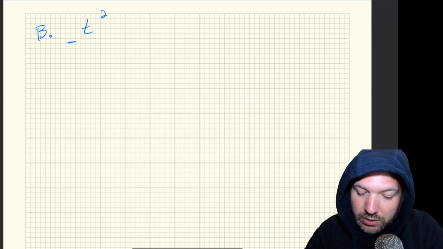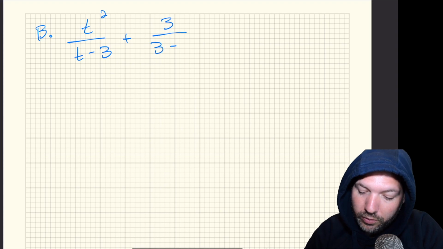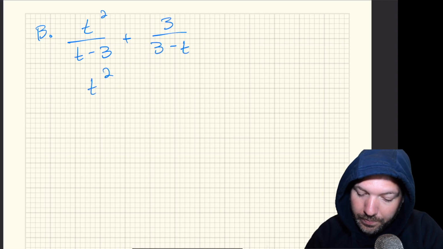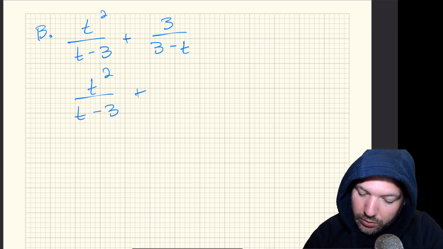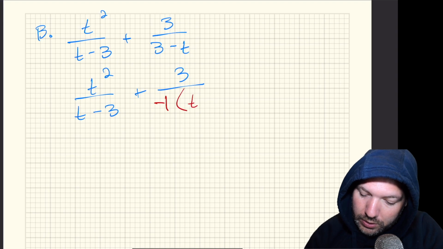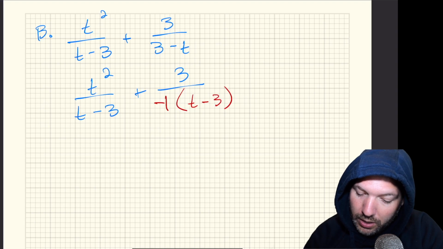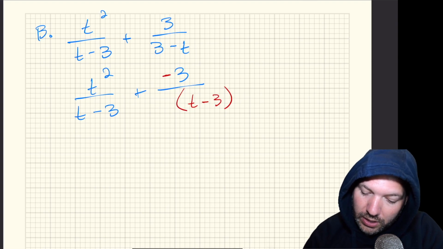We've got t squared over t minus 3 plus 3 over 3 minus t. I'm going to change that 3 minus t into negative 1 times t minus 3. And so really that negative 1 we can just send right up to the top. Those are the same expressions.